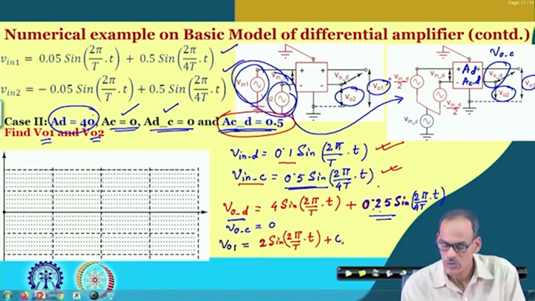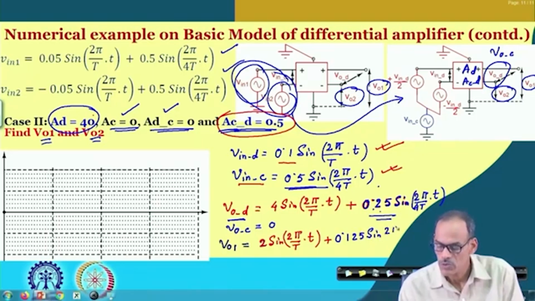So, that is equal to 0.125 sine 2 pi by 4 t into t.